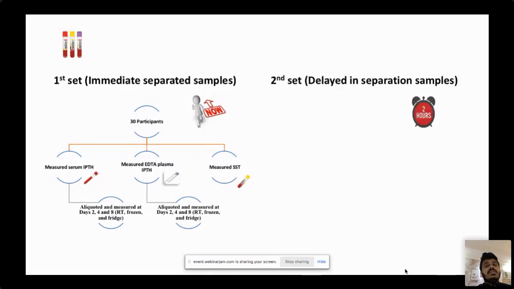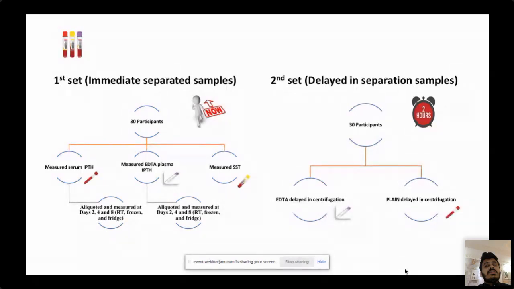For the second set, the samples are delayed in separation for up to 2 hours for EDTA and plain. Then after this delay, we did centrifugation, and we measured intact parathyroid hormone. Then we compared these values to the baseline, the fresh status.